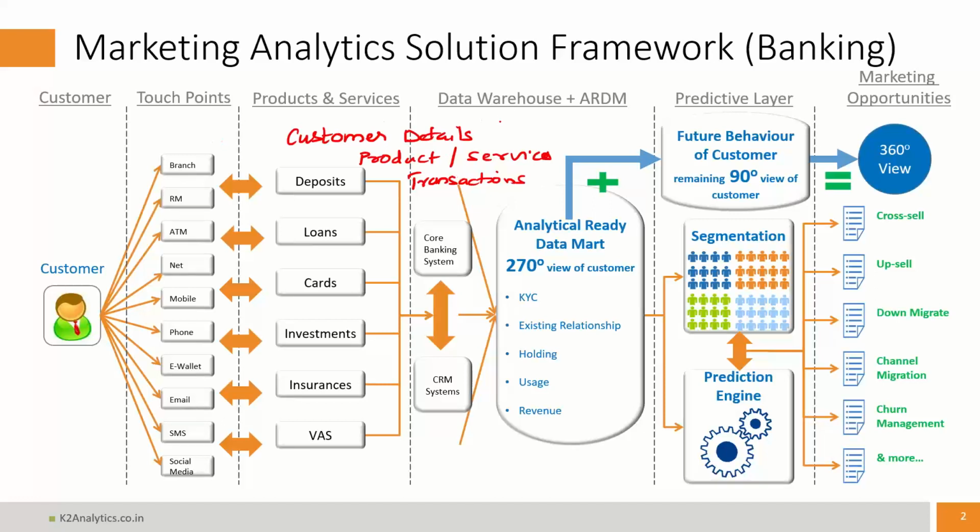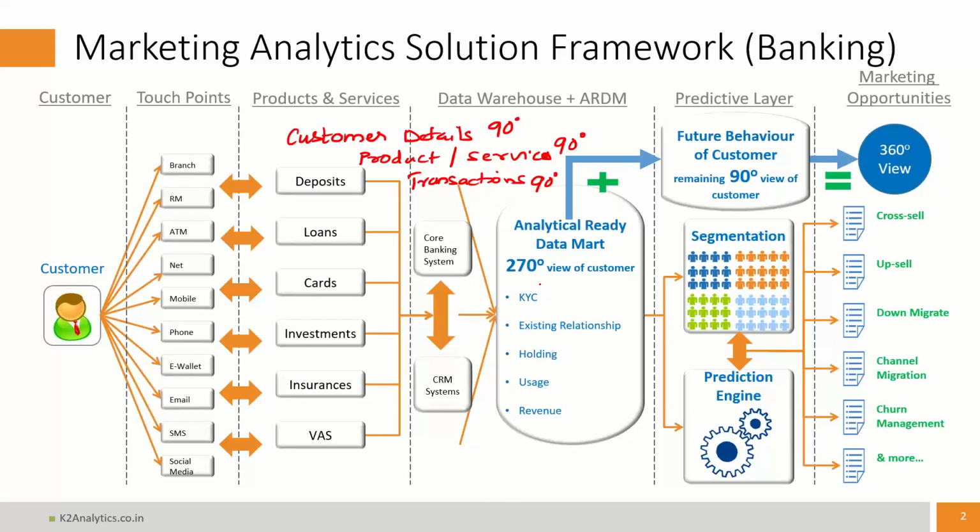So this customer details is static information. It forms a 90-degree perspective. The product and services, the existing relationship, is another 90 degrees. The transactions, the behavior the customer shows on existing products and services, form another 90 degrees.